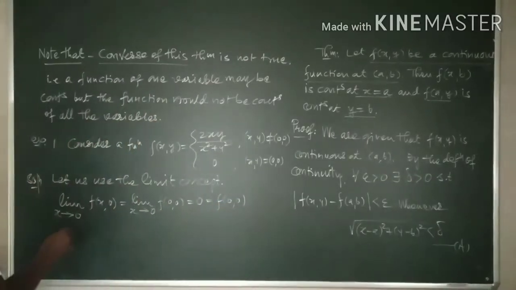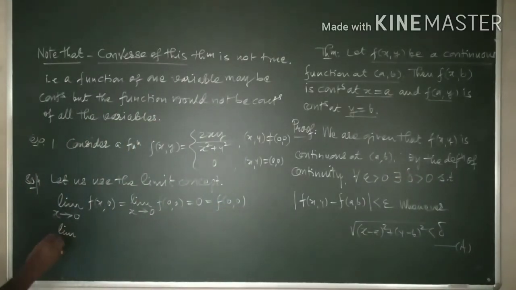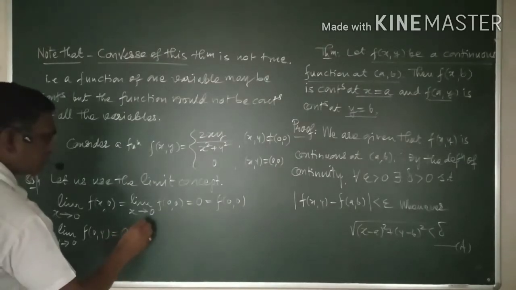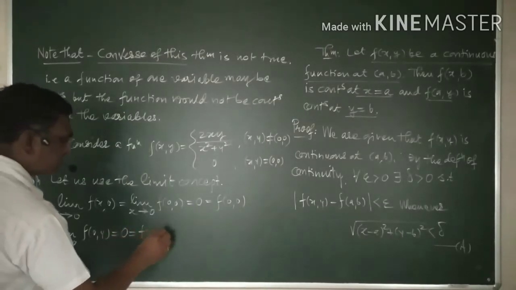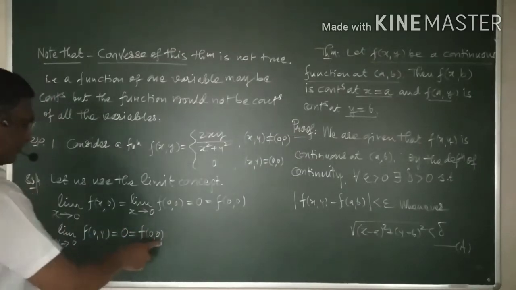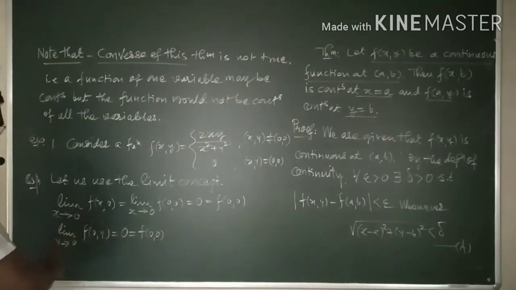Similarly, the limit as y tends to 0 of f of 0, y is equal to 0, which is f of 0, 0, which is 0. The limit of this function as y tends to 0 is 0.